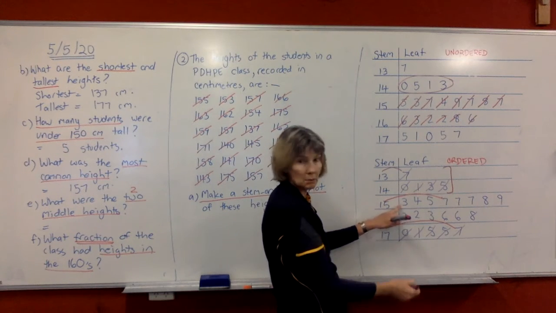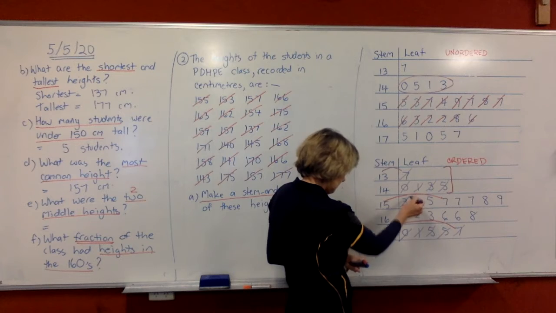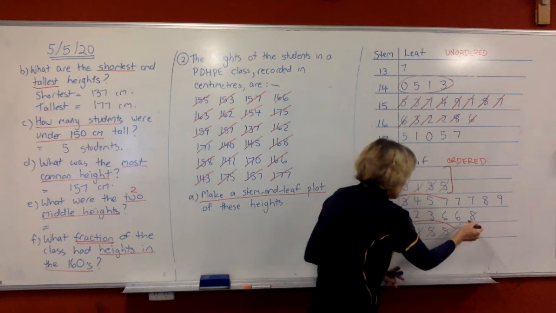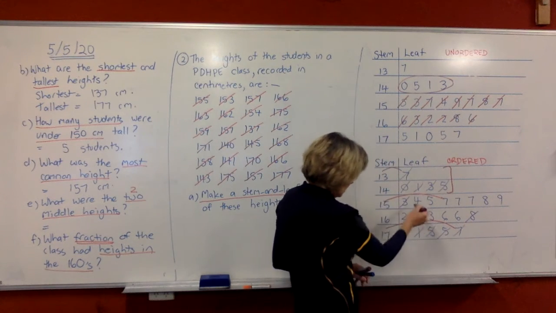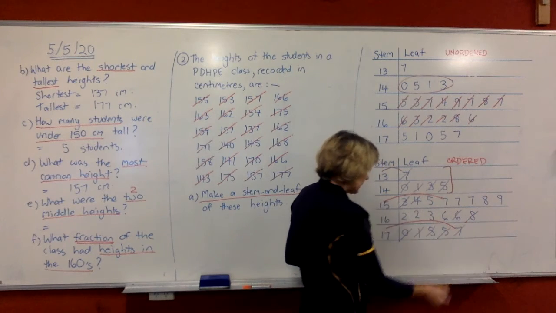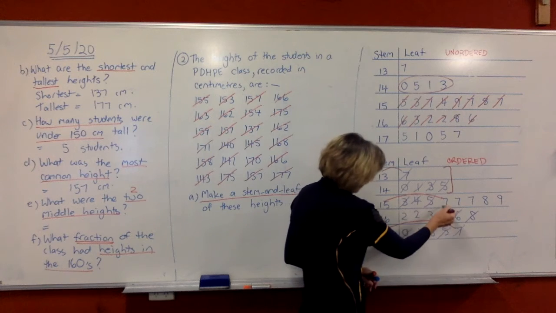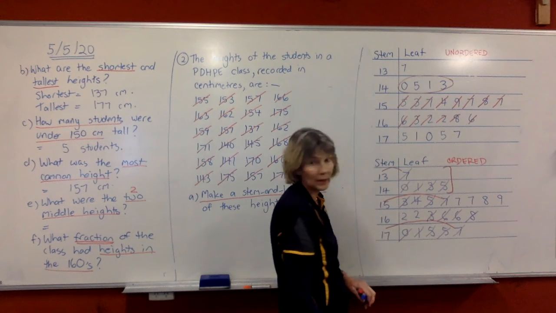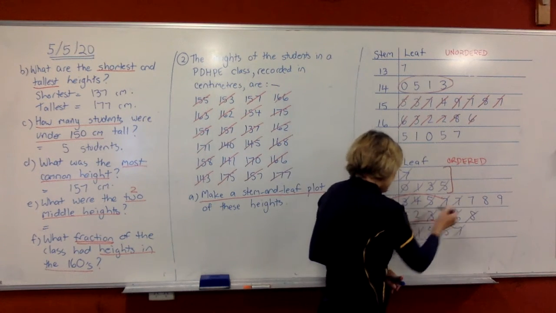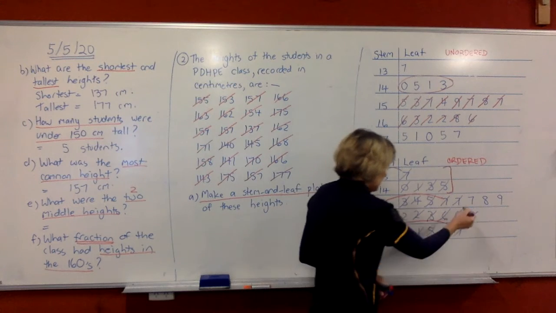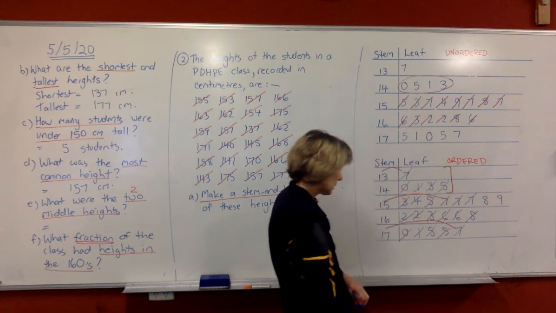Now this is the next smallest one, and this is the biggest one left. Smallest one left and the biggest one left. Keep going like that. That's the next smallest and the next biggest.